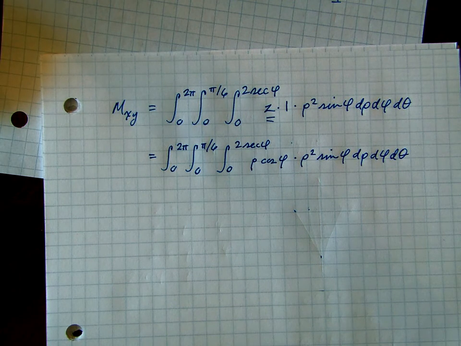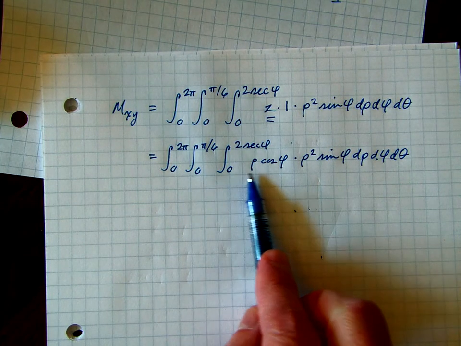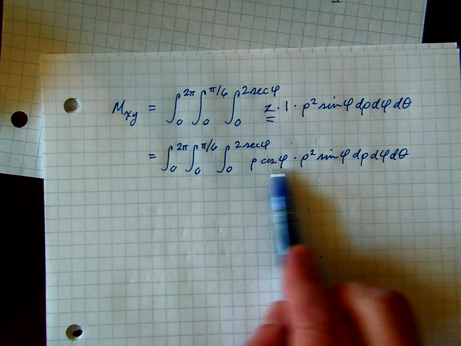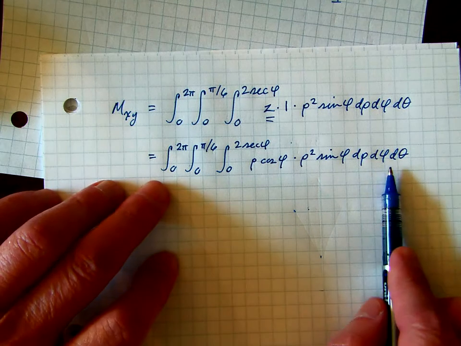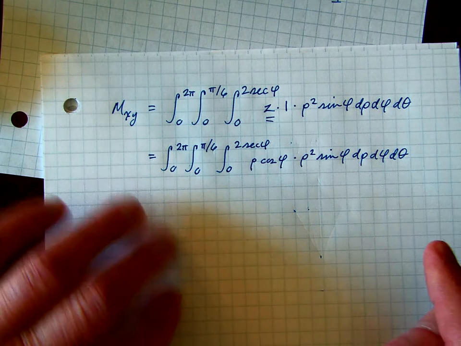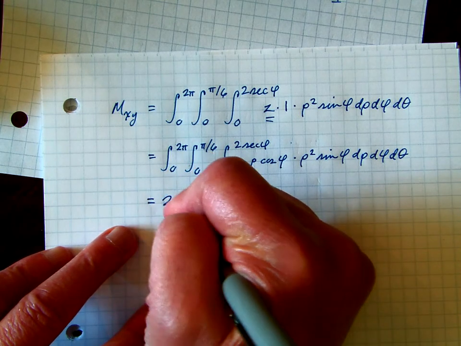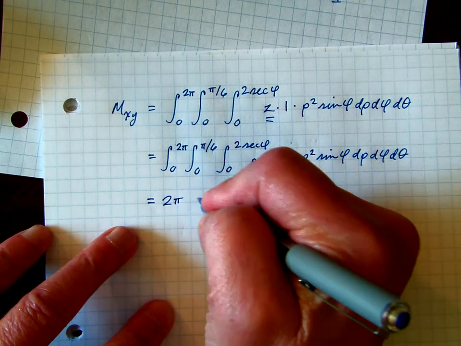Okay, I'm going to do something which is kind of bad form, but is going to save us a bit of trouble. Do you see any thetas in here? None of this is in terms of theta. So this outer integration from 0 to 2 pi with respect to theta is just going to give us a 2 pi. So here's a mischievous shortcut that I like to use occasionally.